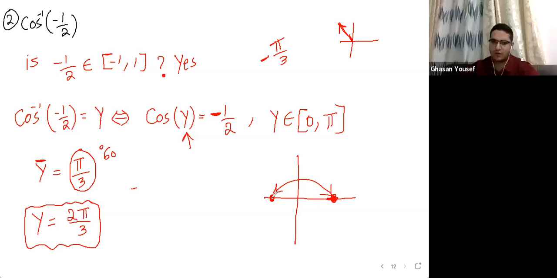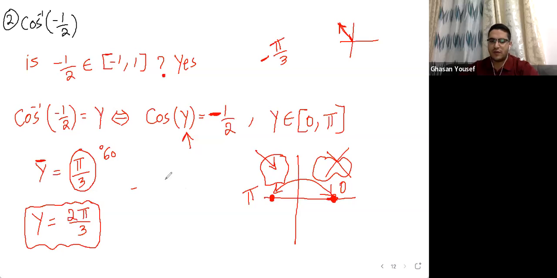This is from 0 to pi. This is pi. This is 0. So the angle is not in the first quadrant. Why? Because we have the negative. You see the negative? The negative means the angle must be in the second quadrant, here in this quadrant.